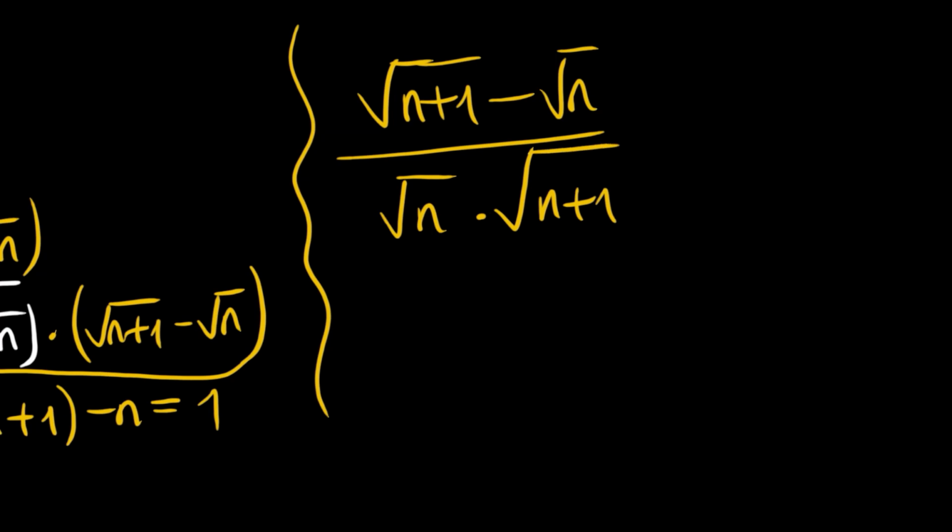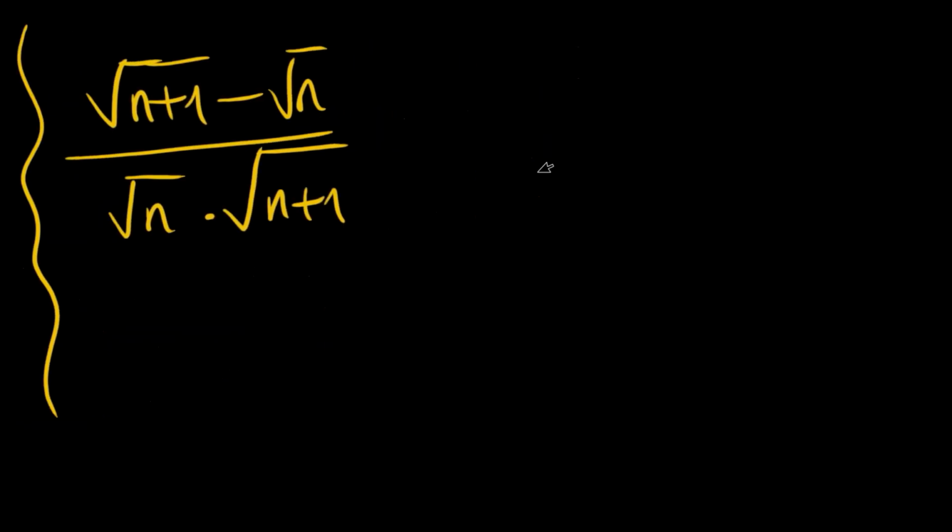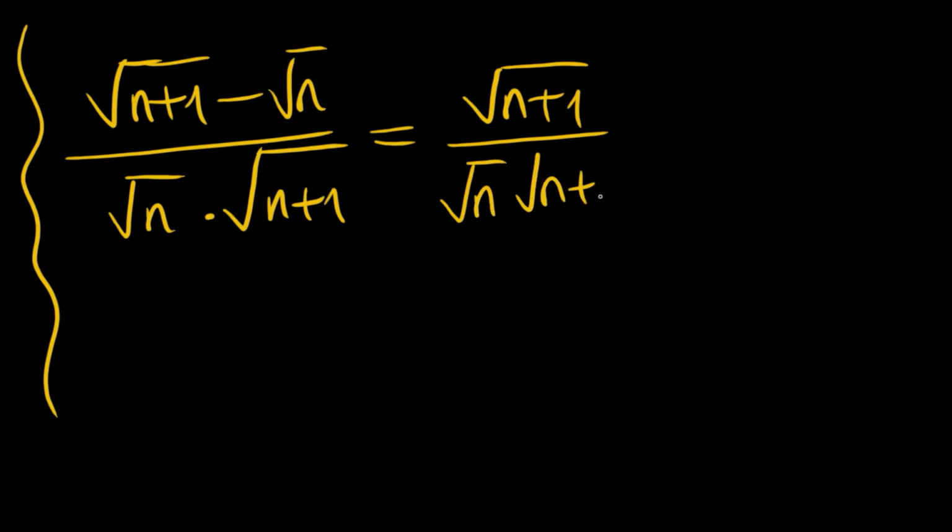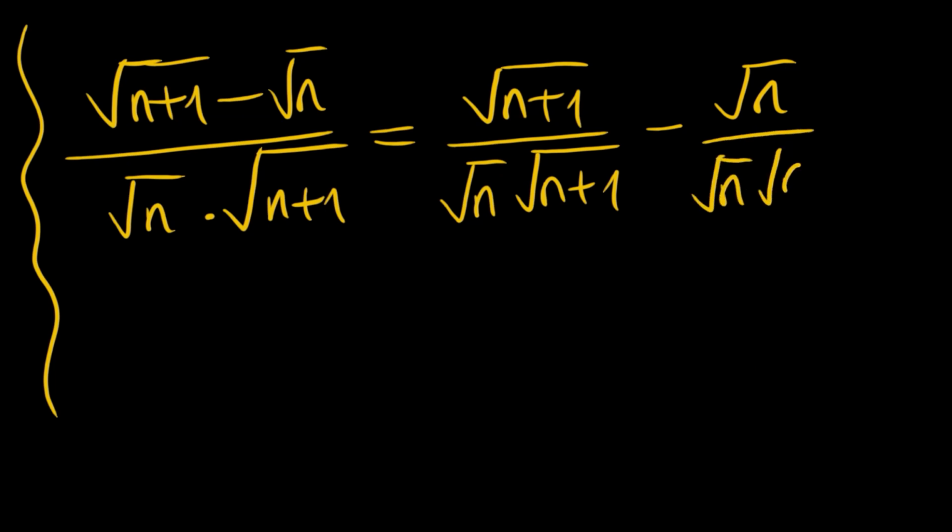And this is better now, since we can separate it like root n plus 1 divided by root n times root n plus 1, and minus root n divided by root n times root n plus 1.